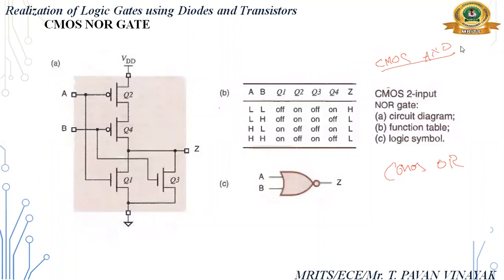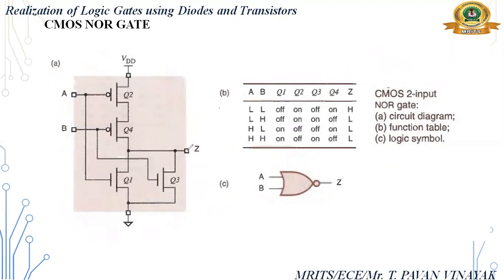For CMOS NAND, the output is given to an inverter. This is VDD, this is output. So this is the OR gate configuration. Similarly, the AND gate also you have to do like this.